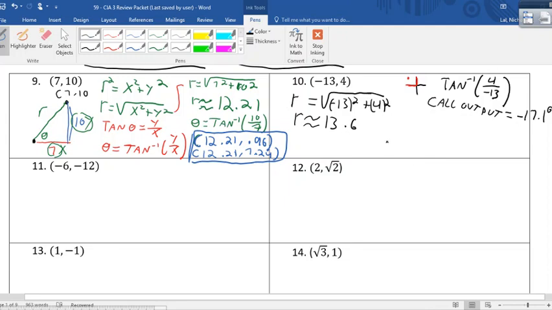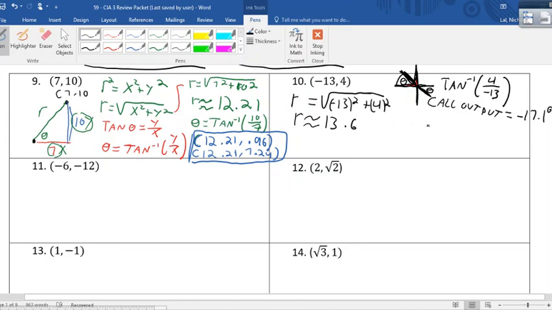Just as a quick illustration, we make this xy axis a little bit bigger. If you have a 17.1 angle here, remember that's negative 17.1 because we rotate counterclockwise. The reference angle in quadrant 2 would be this angle right here, and that angle is going to be 180 minus 17.1.